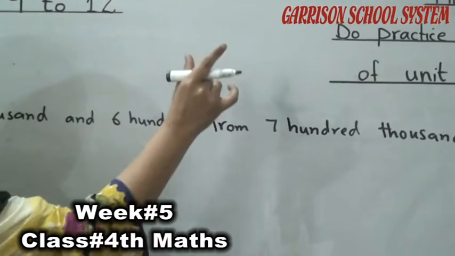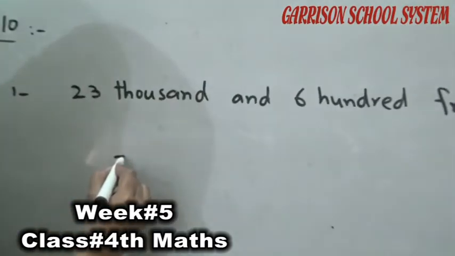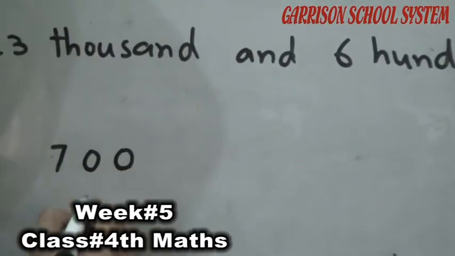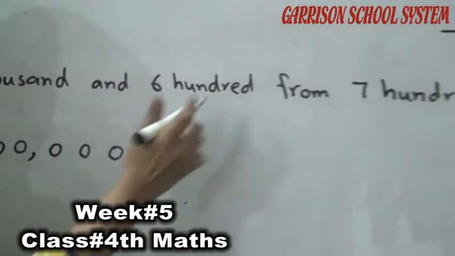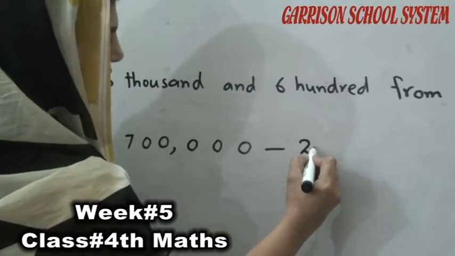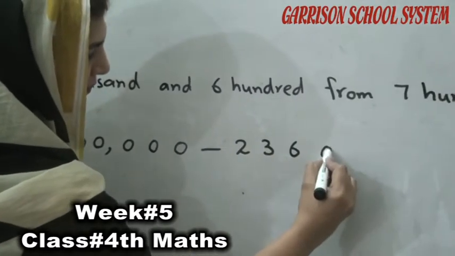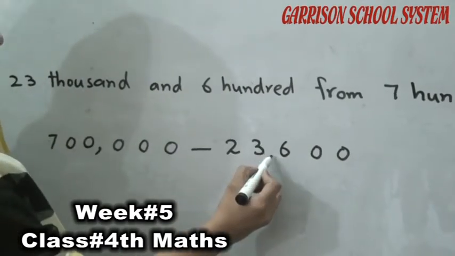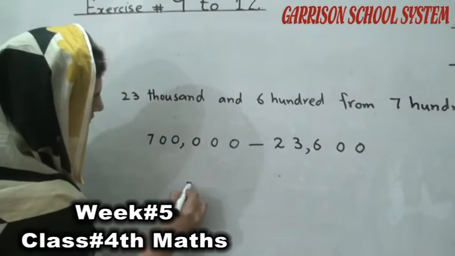So first of all, we write 700,000, minus 23,600. When we subtract, we will write it in this way.